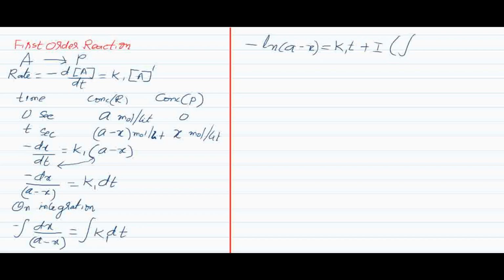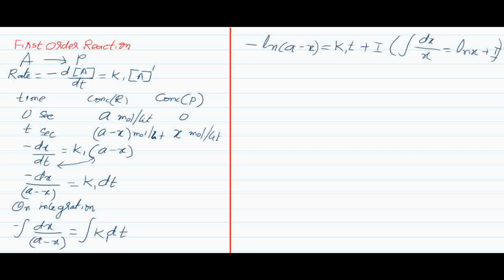Here the integration of dx by x equals ln x plus I. So this is minus ln a minus x equals K1 t plus I.